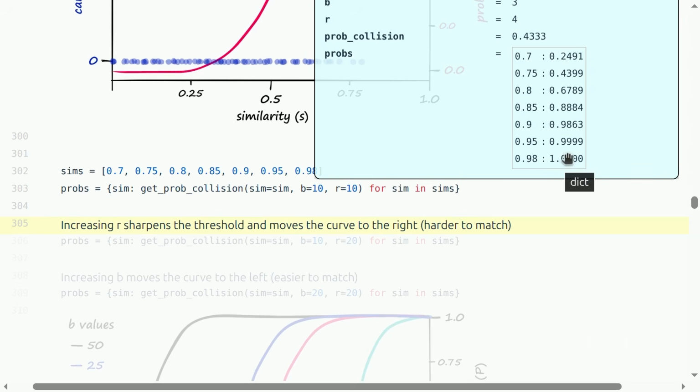Okay, so if you were to set a threshold, this is not bad. We can set it here, and there are still false positives, because even if these are below a threshold, let's say 0.9, these might still collide. But we can filter them out if we want. But the ones above are mostly kept.